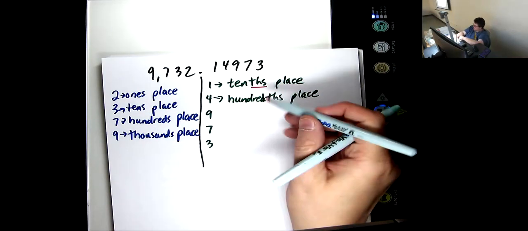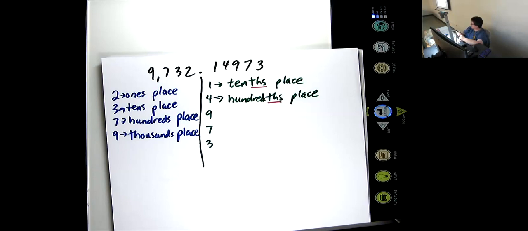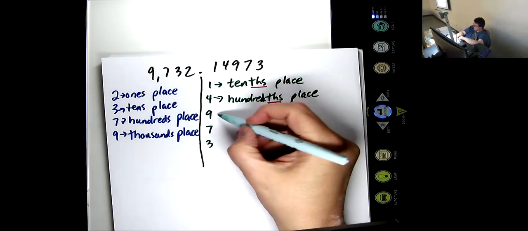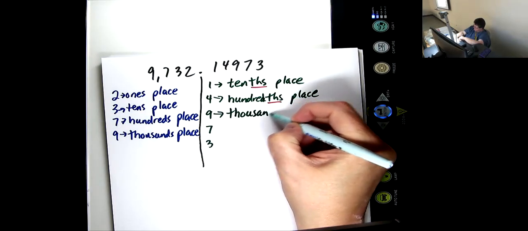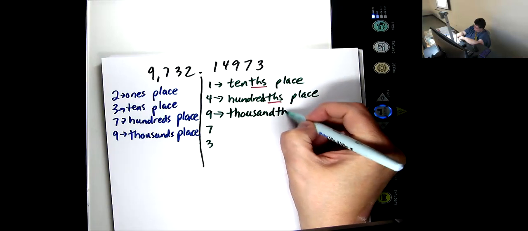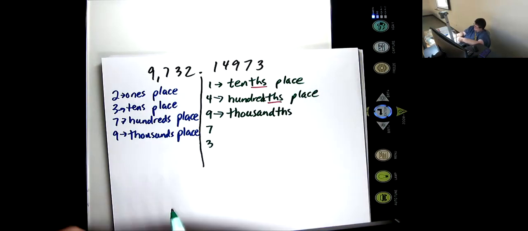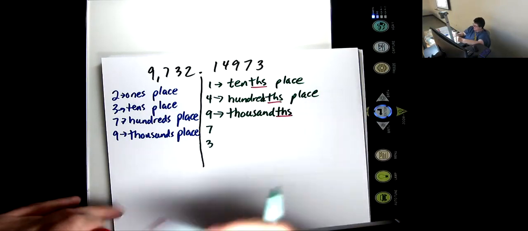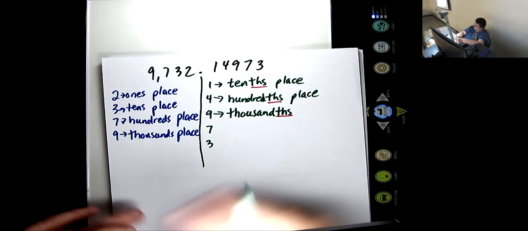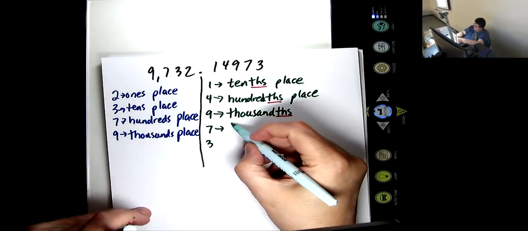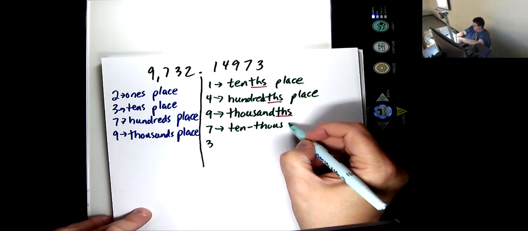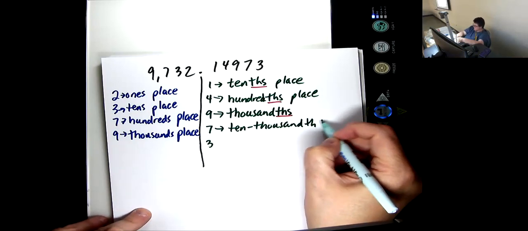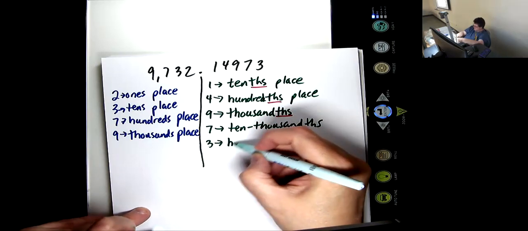It's the word hundred with THS slapped on it. Nine is the thousandths place. Again, THS just slapped on it. 7 is in the ten-thousandths. And 3 is in the hundred-thousandths.